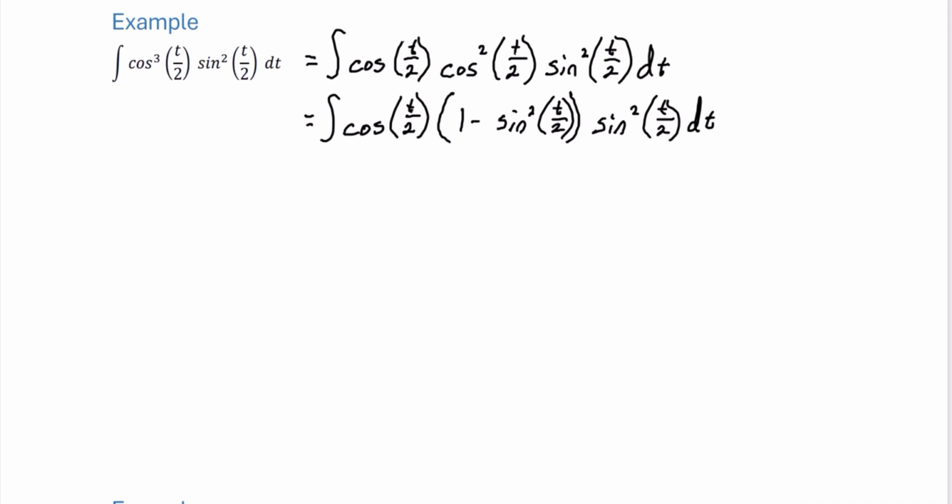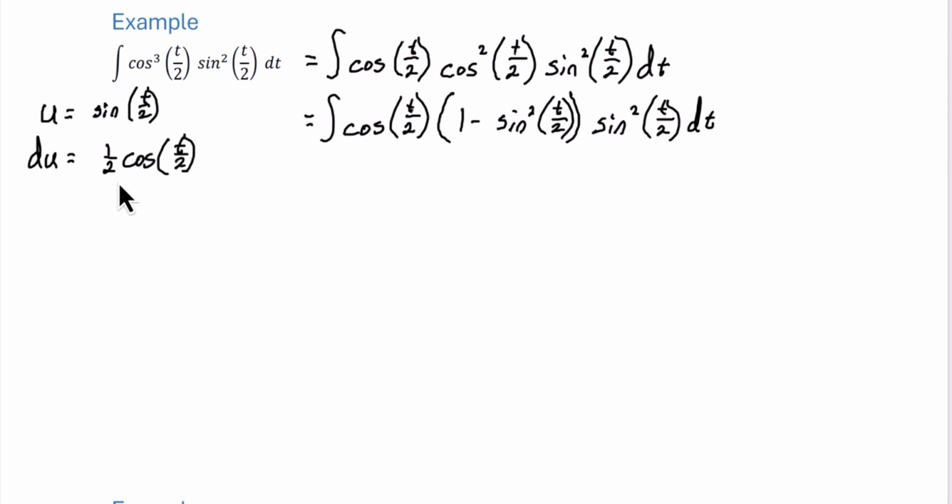From here we can make the u substitution. Let's let u be sine of t divided by 2. Then du will be 1/2 cosine t over 2.